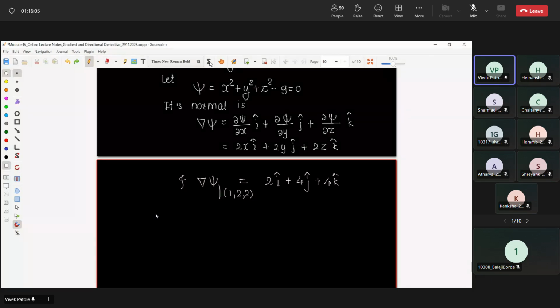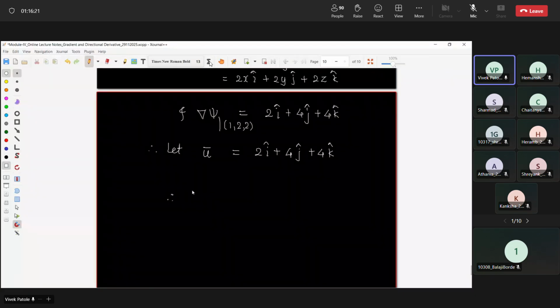So therefore let u bar be this direction, which is 2 i cap plus 4j cap plus 4k cap, right?